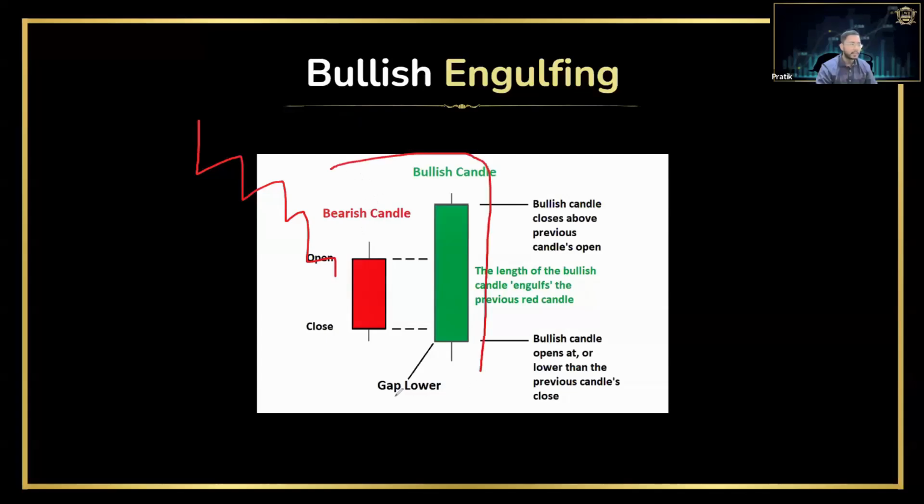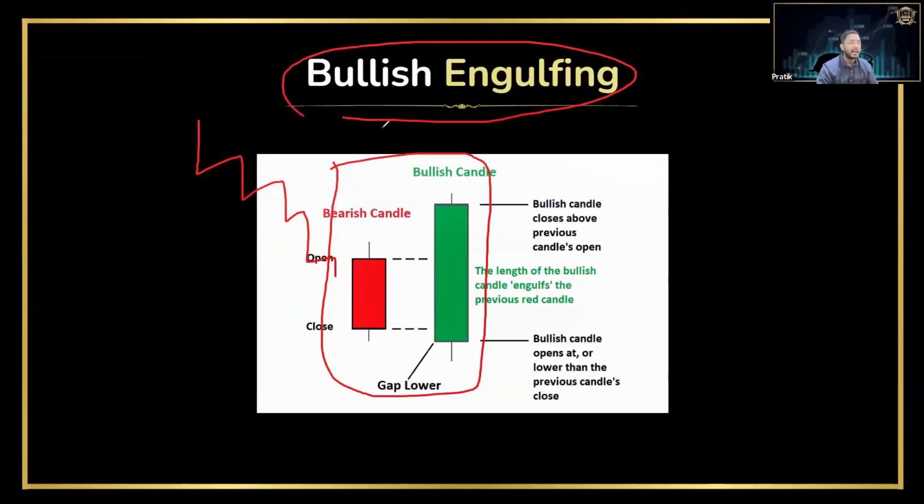This pattern is a two candlestick pattern. Can you see that the previous day it was a red candle, the price has been coming down, but the next day this big green candle has eaten up, engulfed the red candle. This is called bullish engulfing.